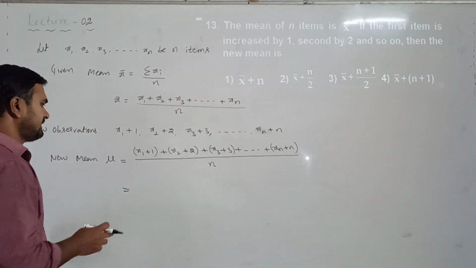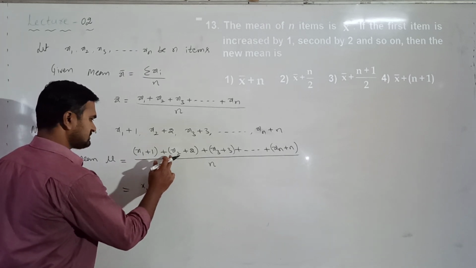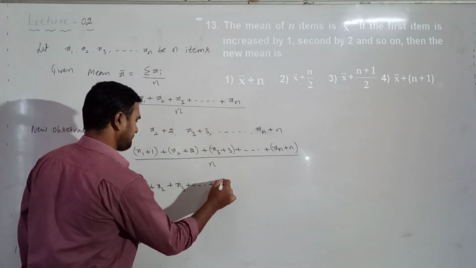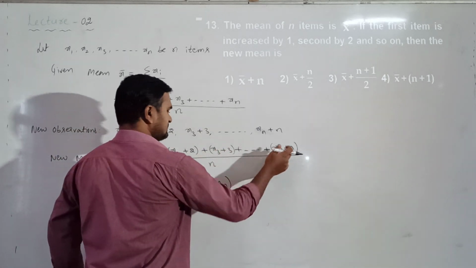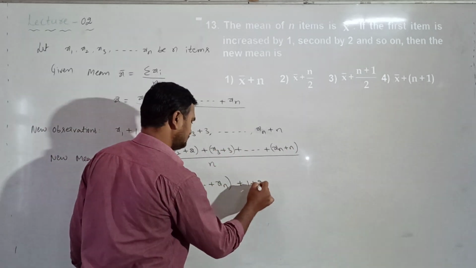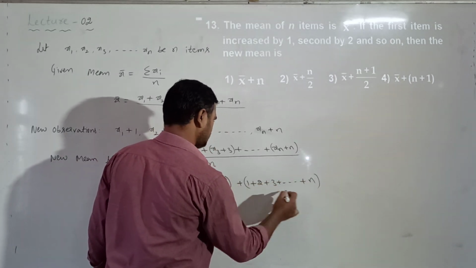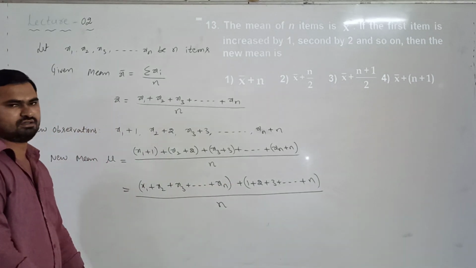So let us separate these terms: x1 plus x2 plus x3 up to xn, and the remaining terms 1 plus 2 plus 3 plus up to n, divided by n.